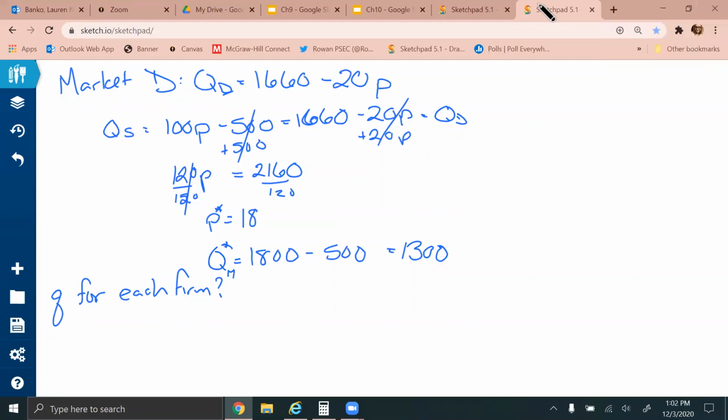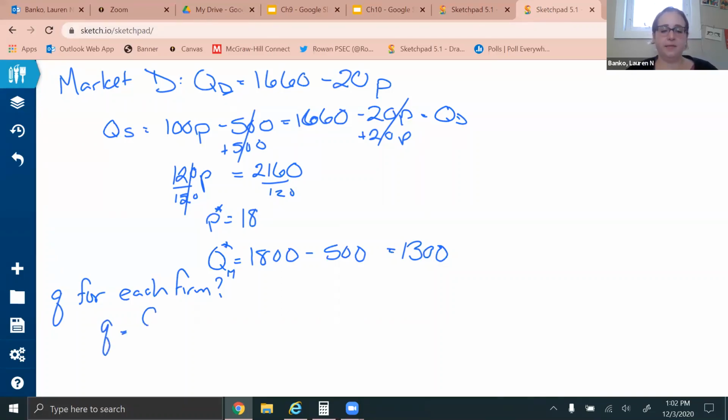Would it be 13? How'd you get that? Just the total market supply divided by the number of firms. So 1300 divided by 100. Yeah, that's right. So you're given there were 100 firms. So this little q can just be the market quantity over the number of firms. So 1300 over 100.